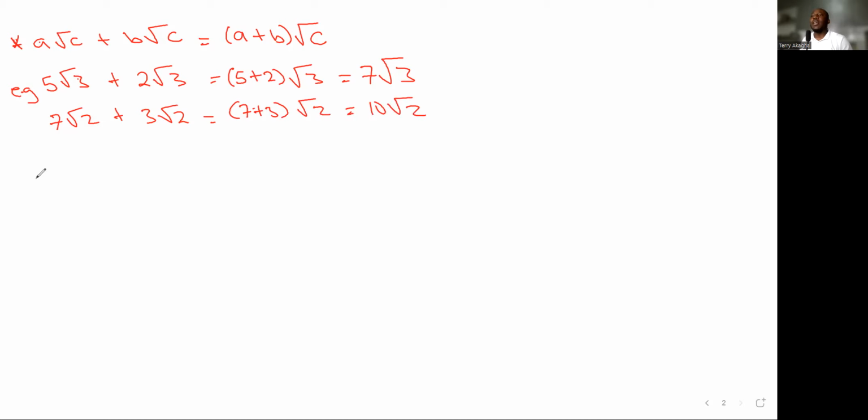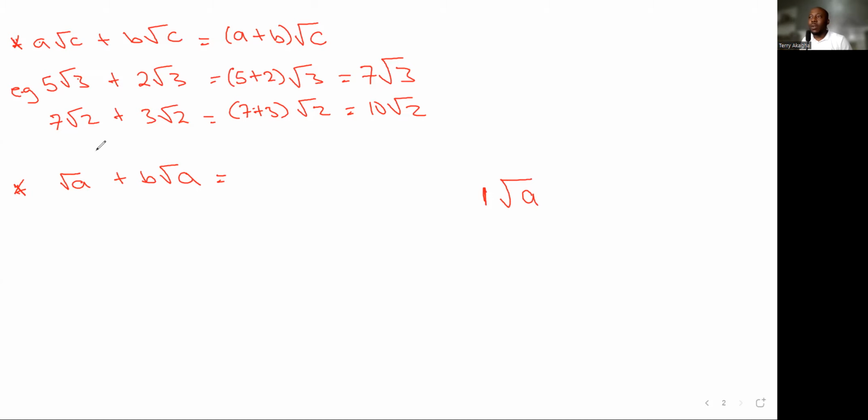Is that okay? Now, the same thing if you had root A plus B root A. In this kind of surd, you see you have the same roots in both of them. Remember I told you before, when you have something like root A, there is an invisible 1 here. It's just that in math, we don't really write that. That's why I talked about pure surds.